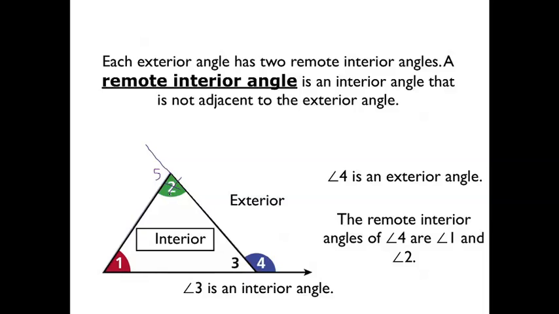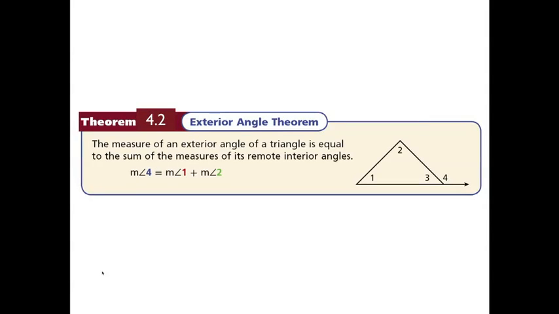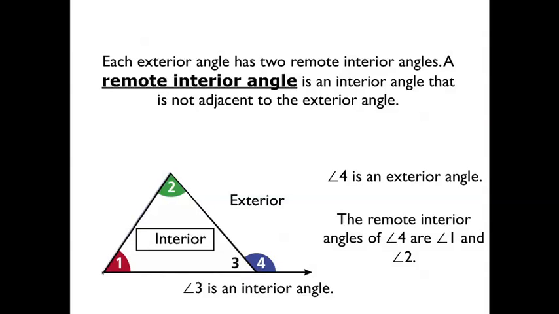So angle 2 could not be considered a remote interior angle for angle 5, but angle 1 and angle 3 are two interior angles not connected to angle 5, so 1 and 3 would be remote interior angles. And real quickly, I could do this way as well and create an angle 6, and these would be the remote interiors, 2 and 3.